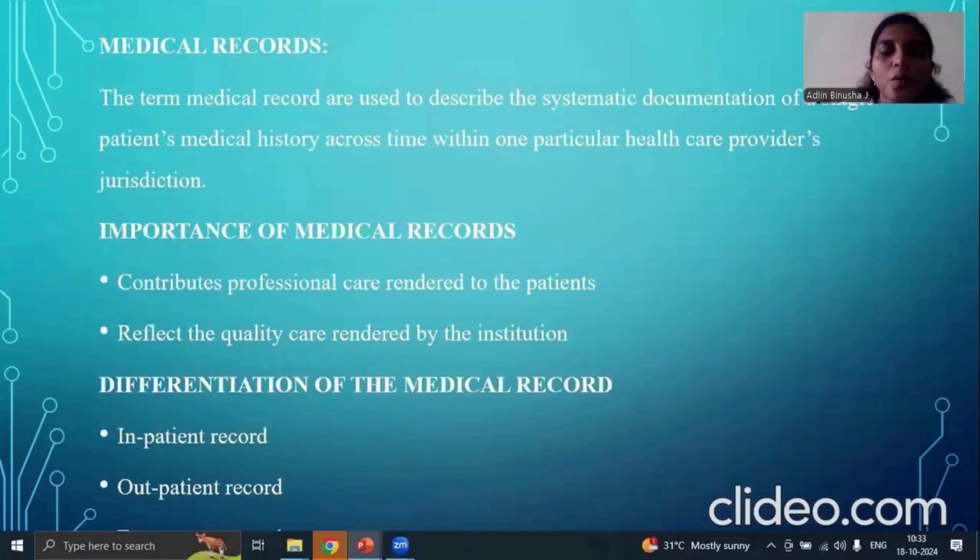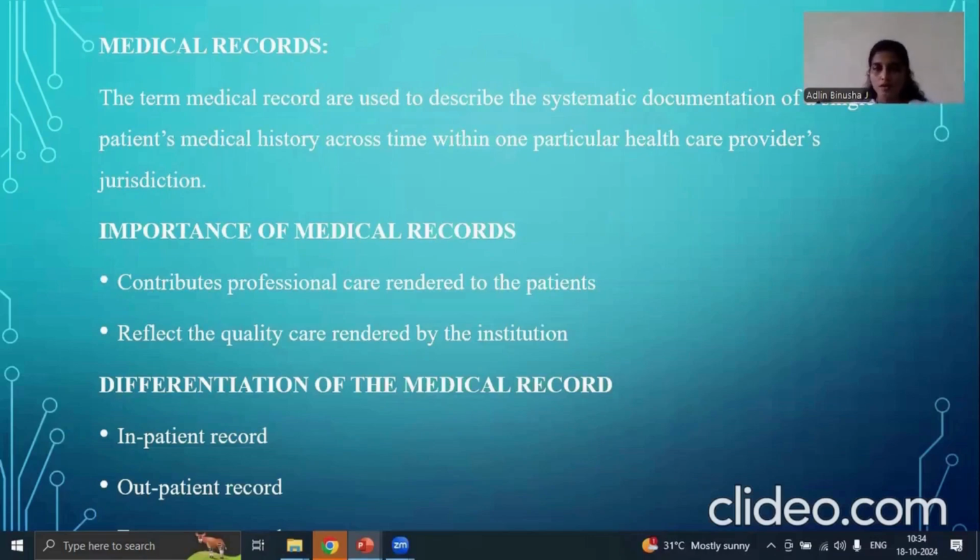Okay. Now we are moving into the medical record. The term medical record is used to describe the systematic documentation of a patient's medical history across time within one particular healthcare provider's jurisdiction. Okay, medical record was already explained to you. The provider examines the patient and documents every condition, procedure, or treatment done to the patient.